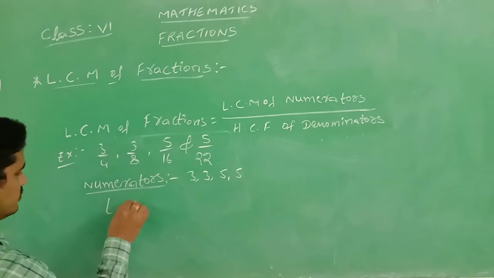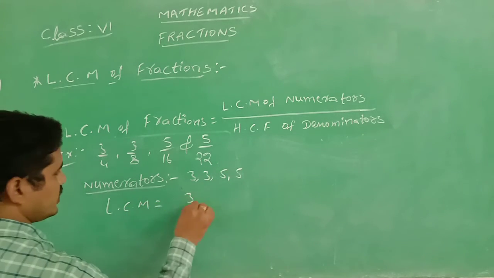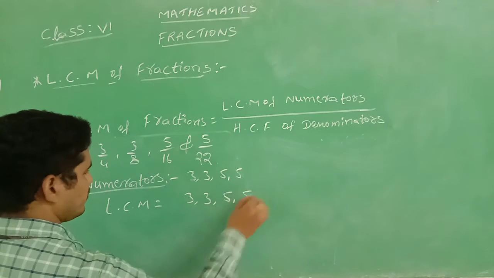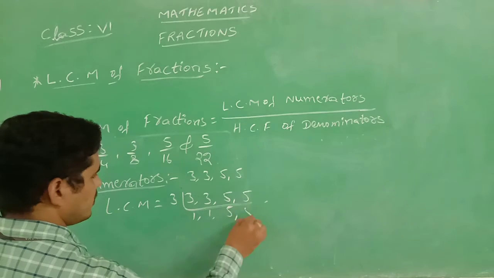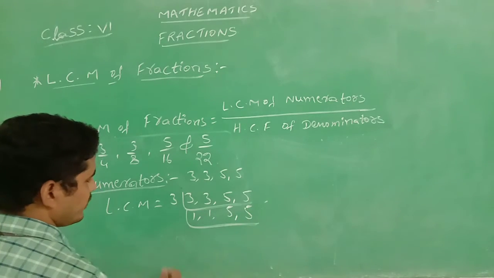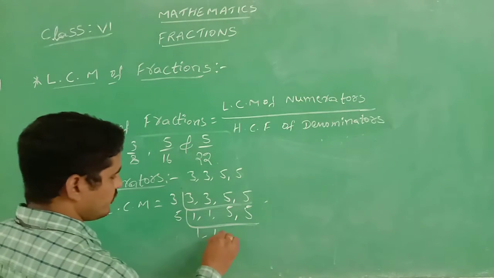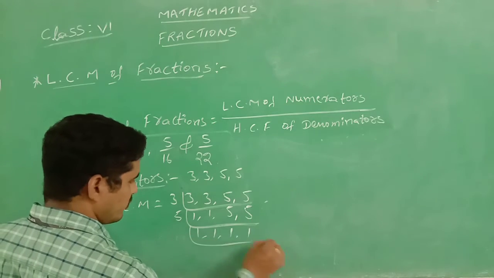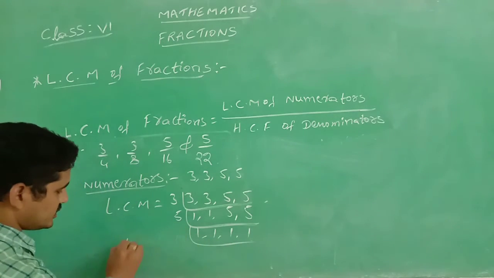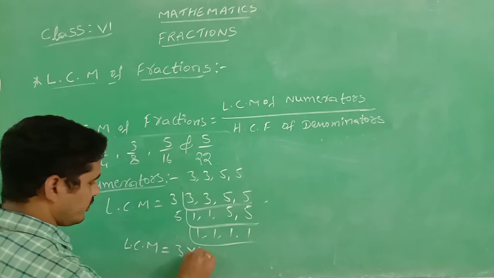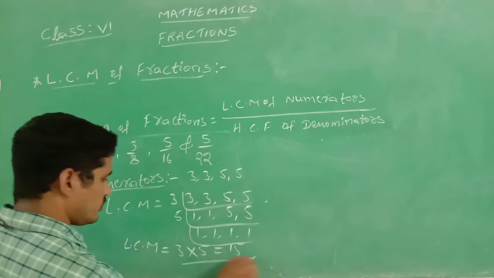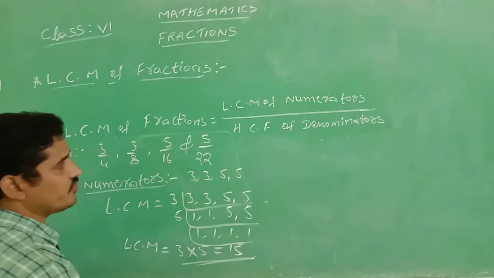For the LCM of 3, 3, 5, 5, with the first 3, the 3s become 1, and 5 is not divisible by 3, so 5, 5 we write. Next with 5, we get 1, 1, 1, 1. Now all ones. Then the LCM is 3 into 5, which is 15.